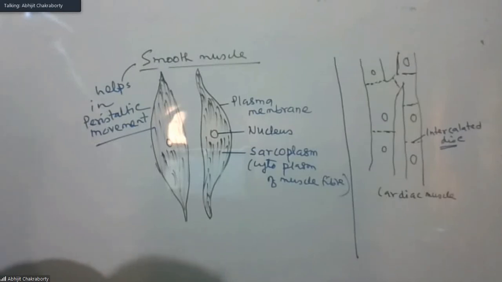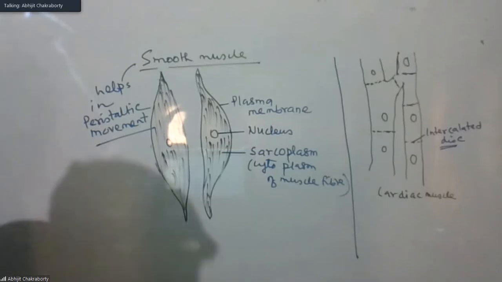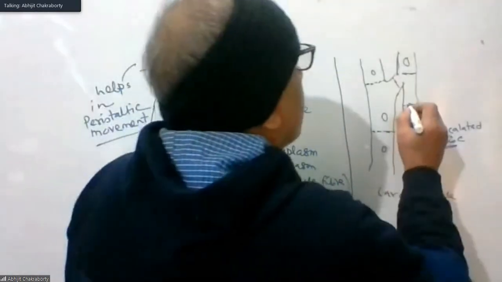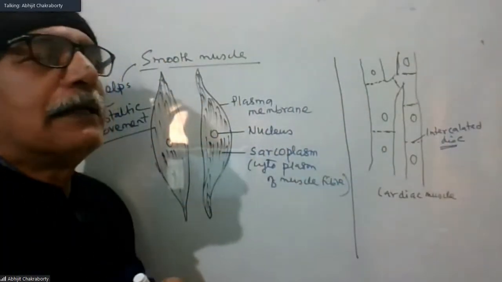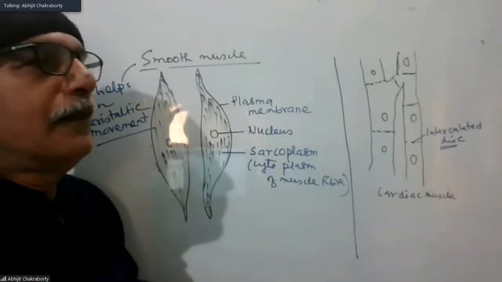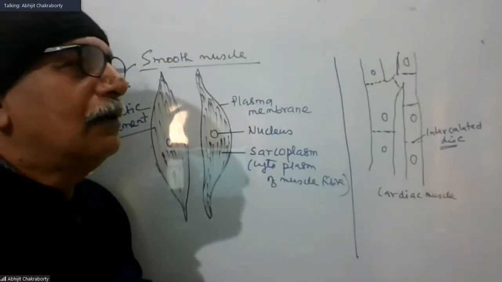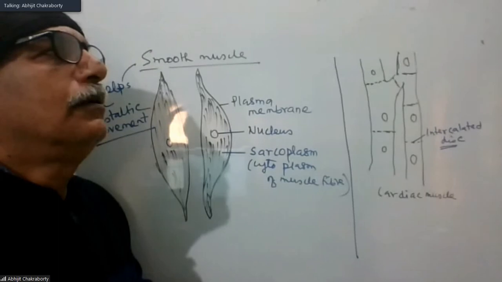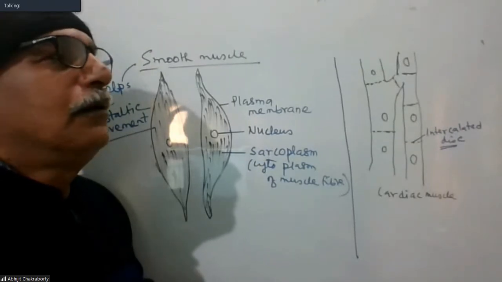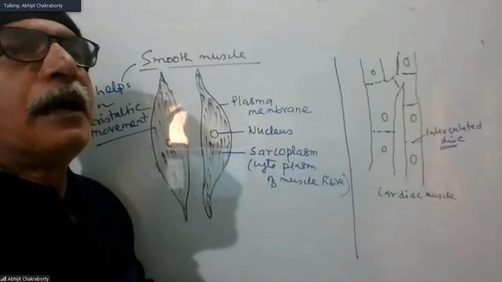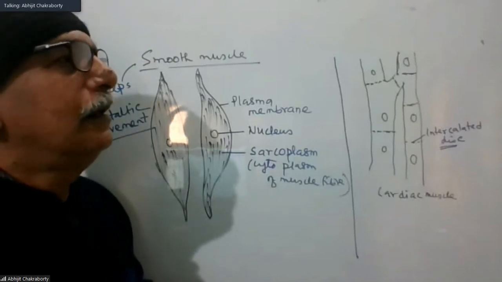This is what about the cardiac. Each fiber is uninucleate, but they have dark intercalated discs at regular intervals, so that they can behave as a single muscle. And it is required for conduction of the impulse to the cardiac muscle fiber.